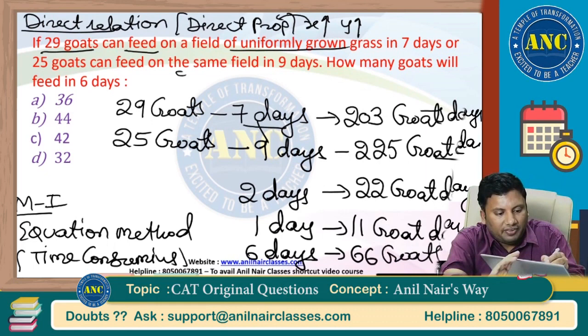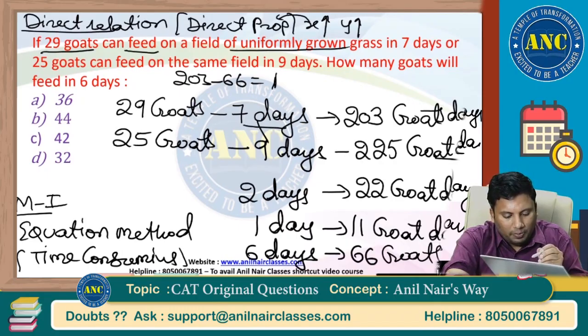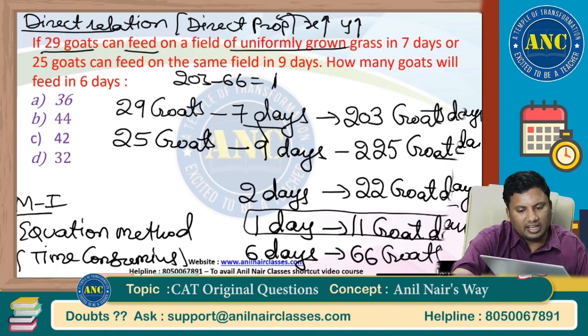So what is the difference? 203 minus 66. 1 day it is 11, 2 days extra it is 22, so 11 goat days extra work is done per day.